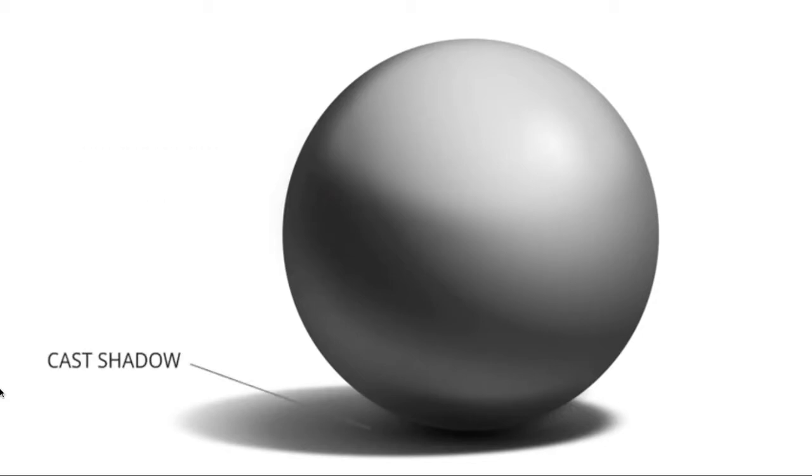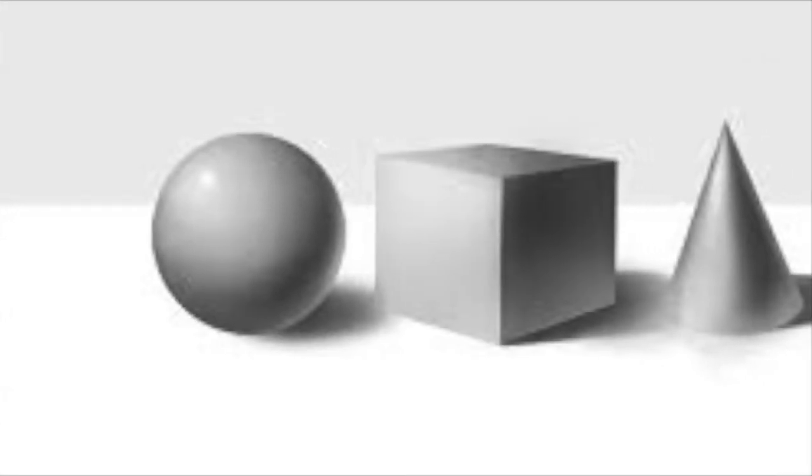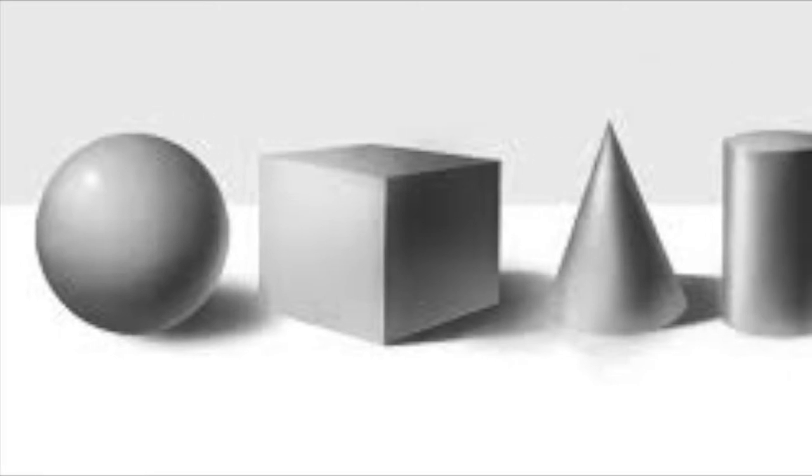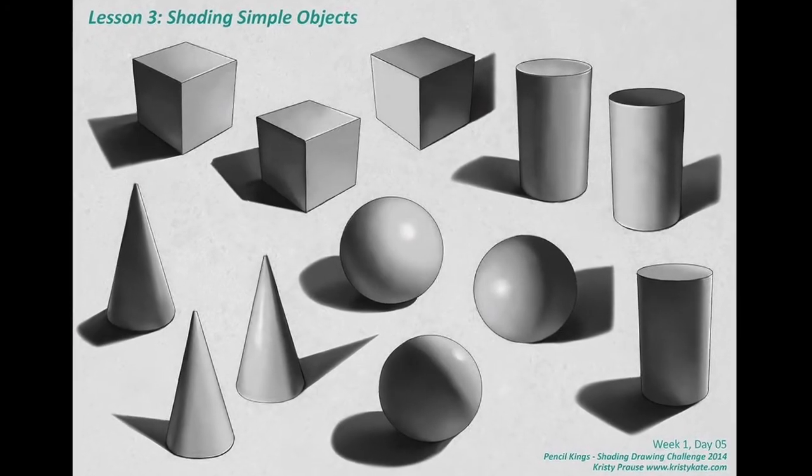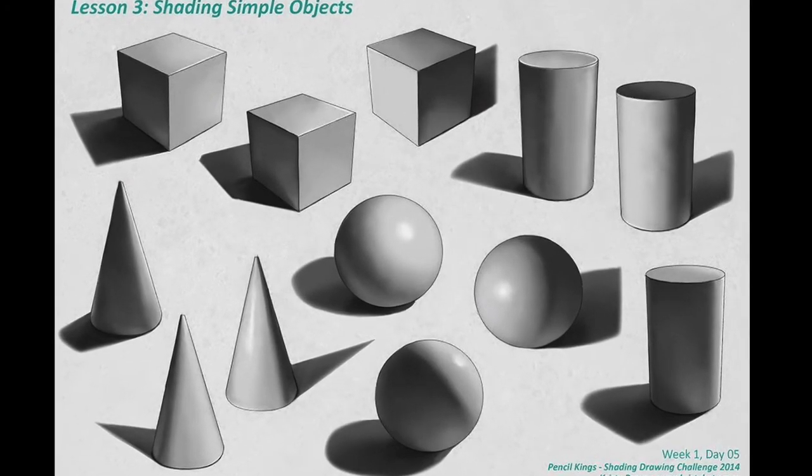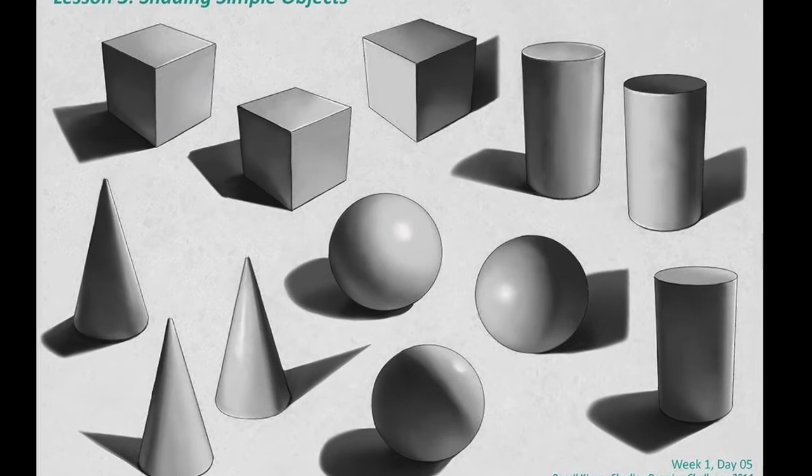The cast shadow is where the shadow is cast on surrounding objects and surfaces because of blocked light. It is usually represented by the darkest value in the image. So you can see how value plays a part in making objects look three-dimensional. You can change the way an object looks by changing where the lightest and darkest part is.